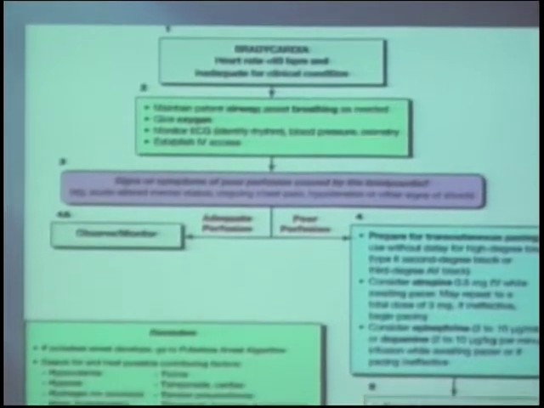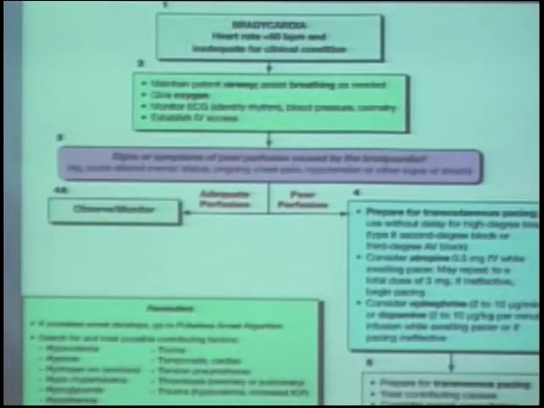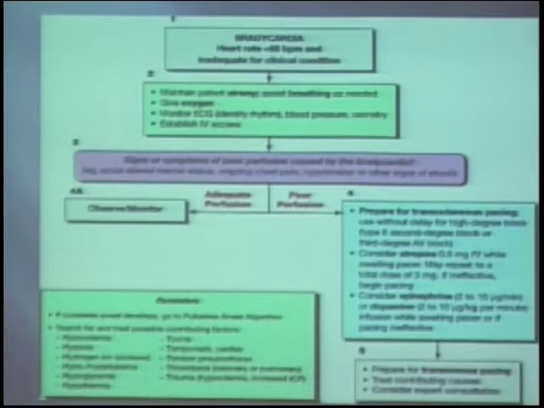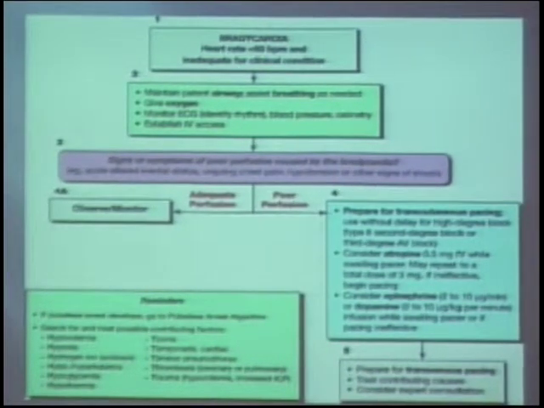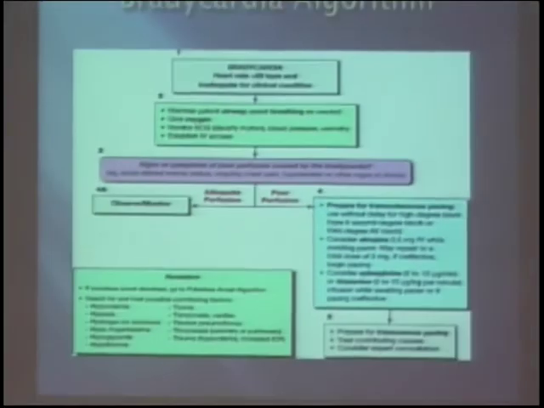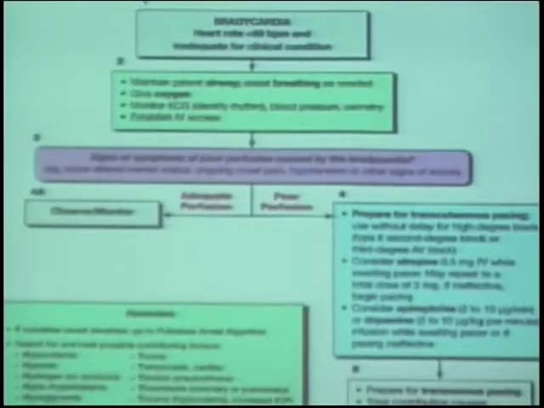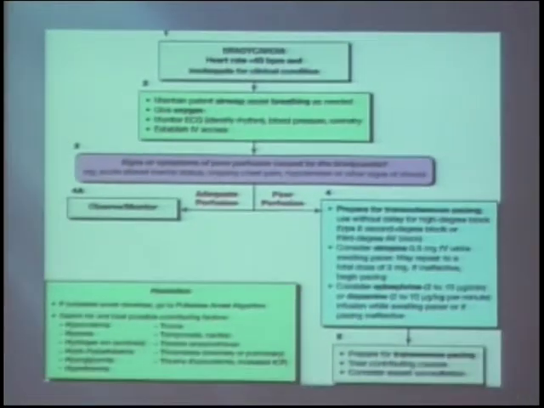Do your typical control measures, your ABCs, your IV, O2 and monitor. If you have adequate perfusion, just observe. If you have poor perfusion, if the patient looks sick and their heart rate is below 60, we can give a drug called atropine at 0.5 milligram up to 3 milligrams.